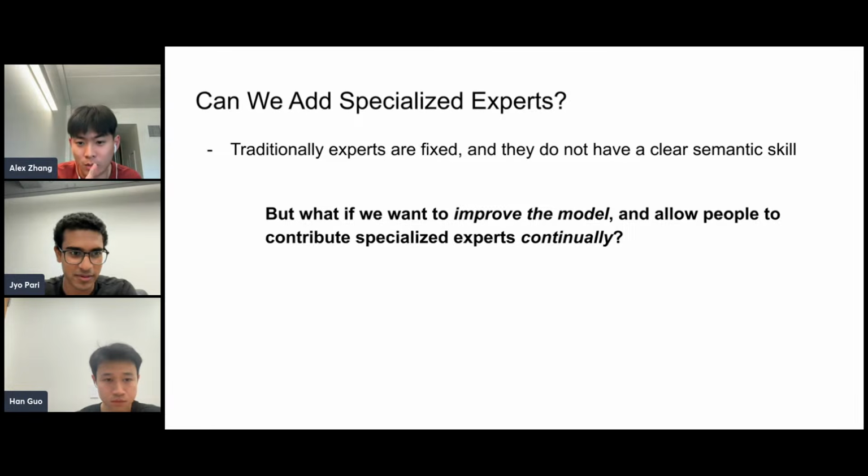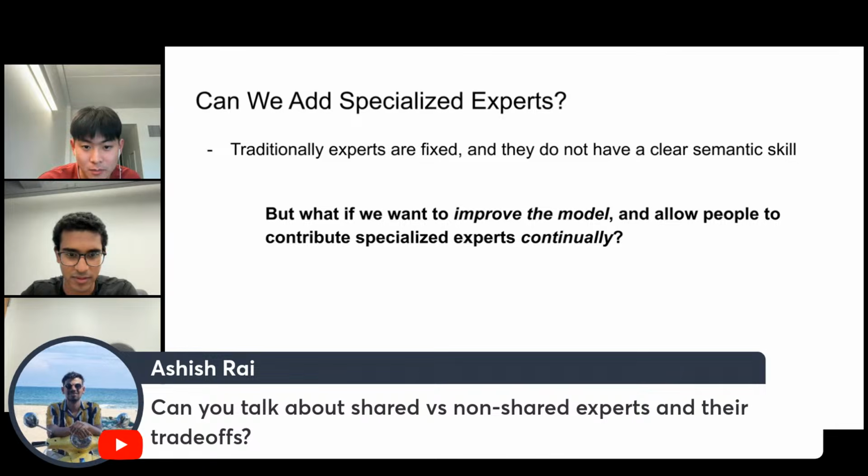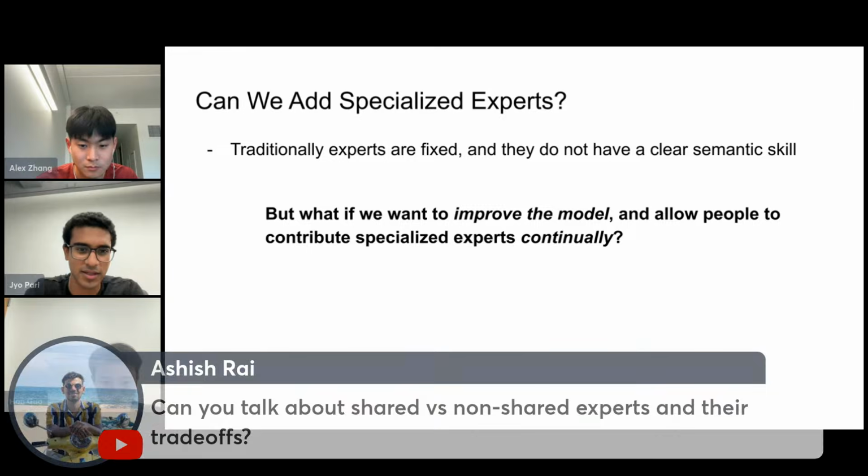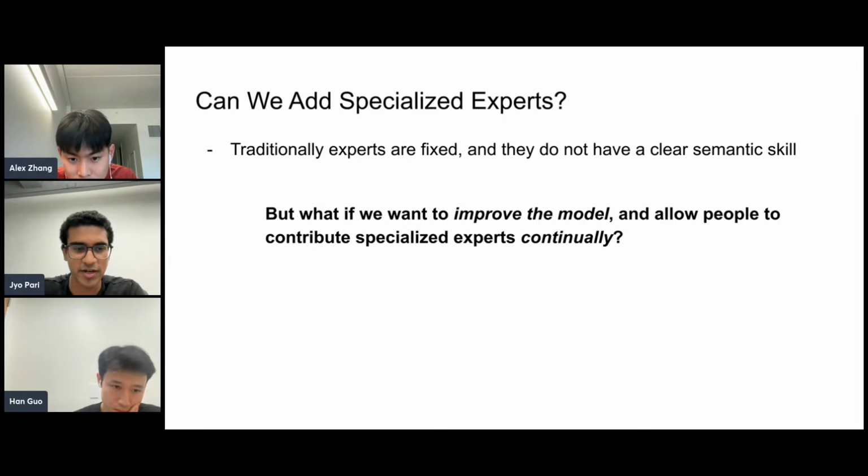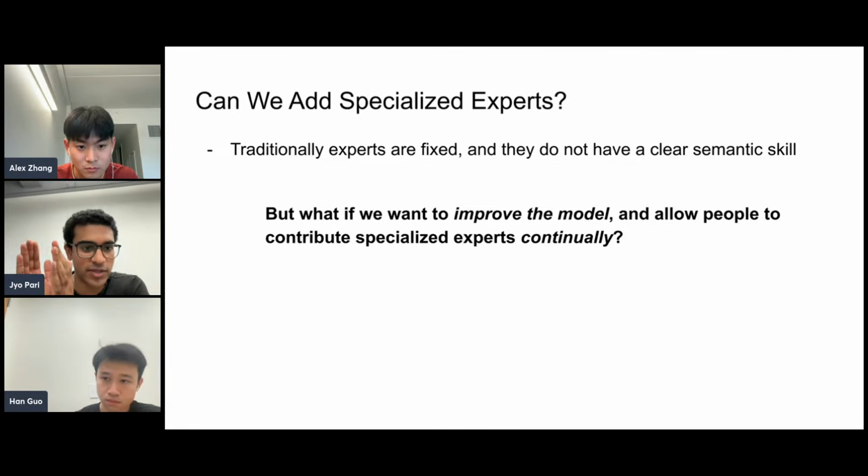But actually, while we're waiting, Ashish had a question. Can you talk about shared versus non-shared experts and their trade-offs? Okay, I can't talk in too much detail about this, but a shared expert at a high level is, I believe, when you have a common set of experts.